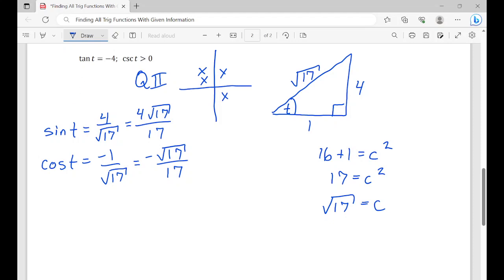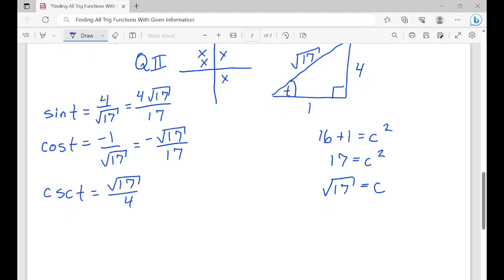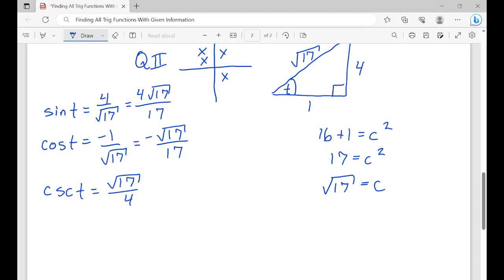Now that we have these three, we can figure out the other three quickly. So cosecant t is just sine reciprocated. So I'm going to stick with this one here, and we're going to get square root of 17 over 4. And again, quadrant 2 means it is positive because sine and cosecant are positive in quadrant 2.